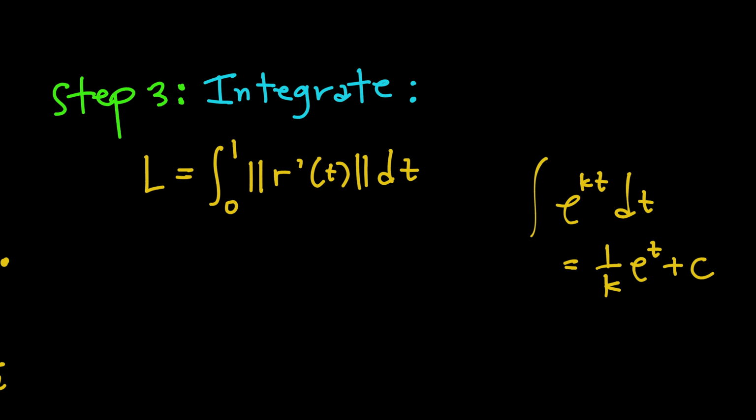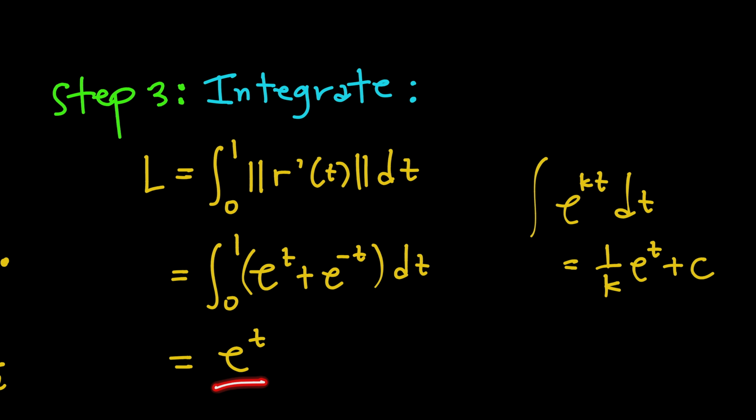Since r prime of t, based on our previous calculation, gives us e raised to t plus e raised to negative t, this one is integrated to e raised to t plus this one. So by this formula, this gives us this integration, and this is to be evaluated between 0 to 1.